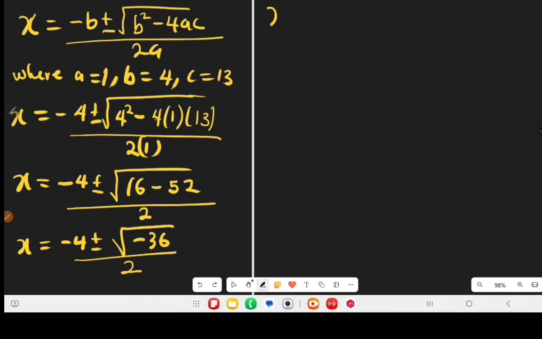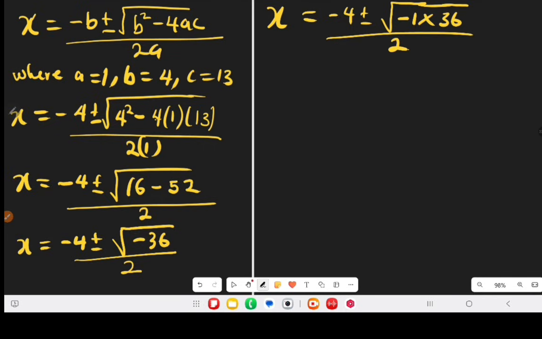This will give us x equal to minus 4 plus or minus square root of minus 1 times 36 all over 2. So this has turned to a complex number.